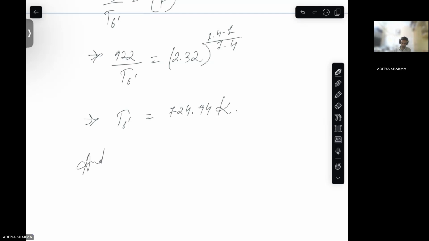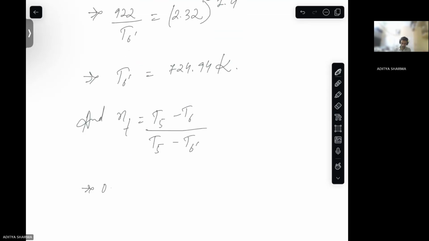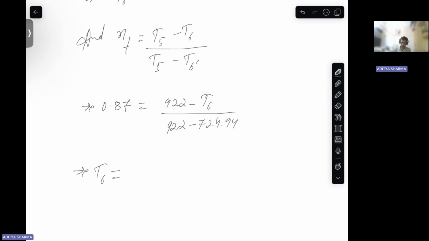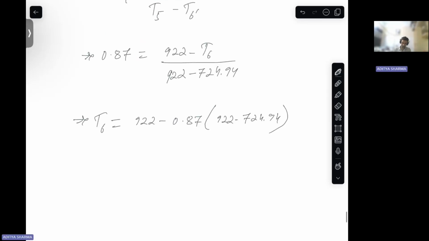So, you know, efficiency implies T6 is equal to 922 minus 0.87 into 922 minus 724.94, right?